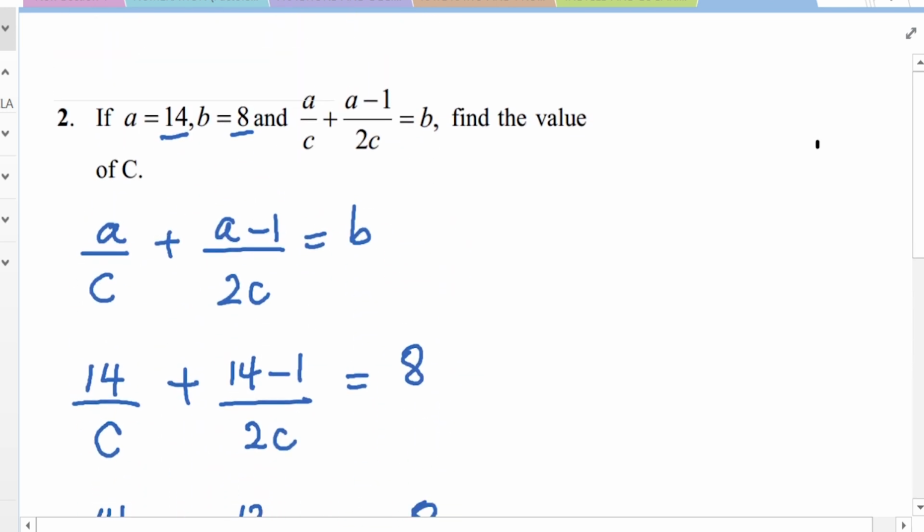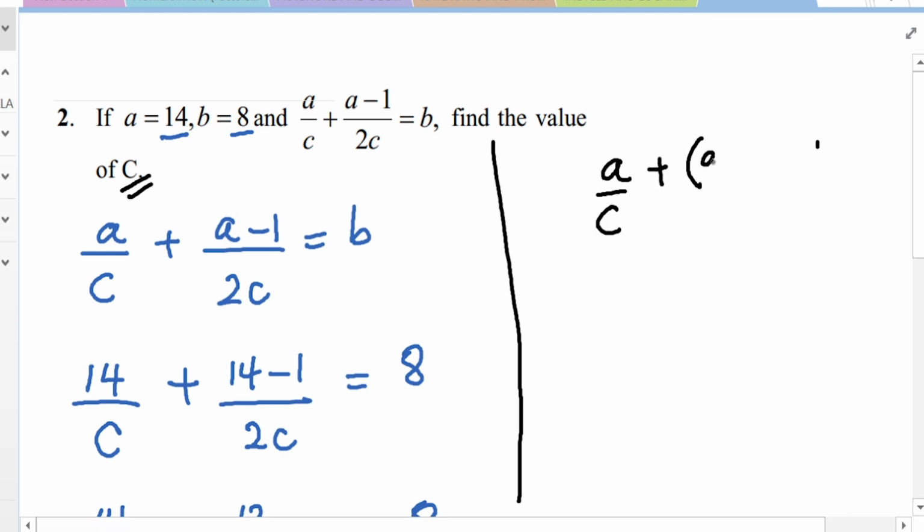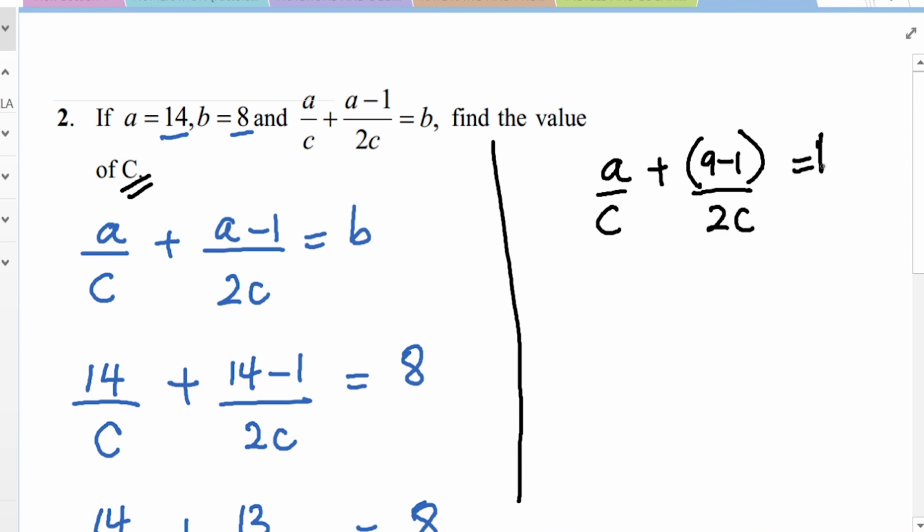The other way you could have done this is maybe first of all you make c the subject of the formula before doing anything, then you find the value of c, because they're telling us to find the value of c. So you could have also just done a over c plus a minus 1 over 2c is equal to b.